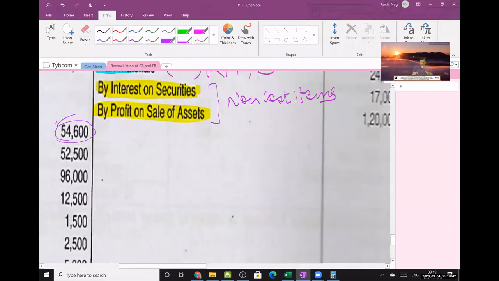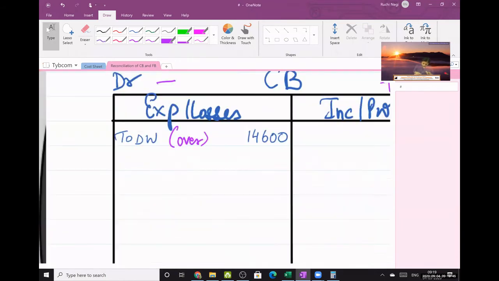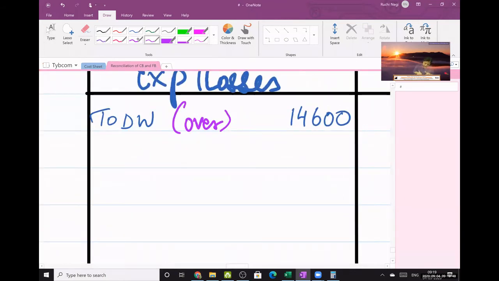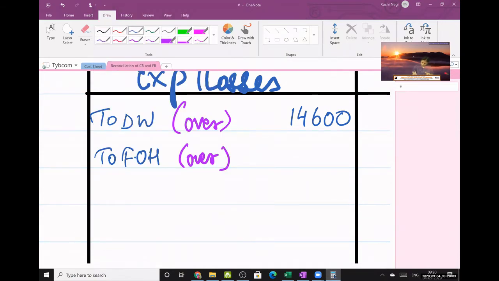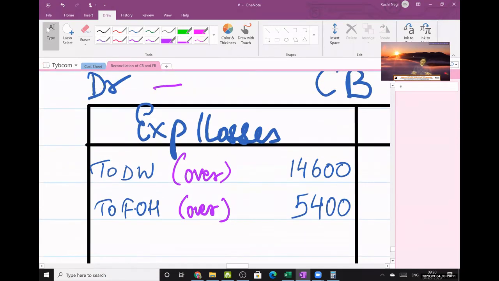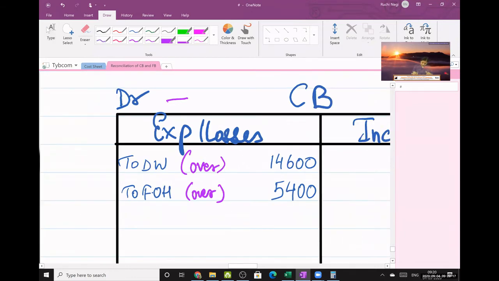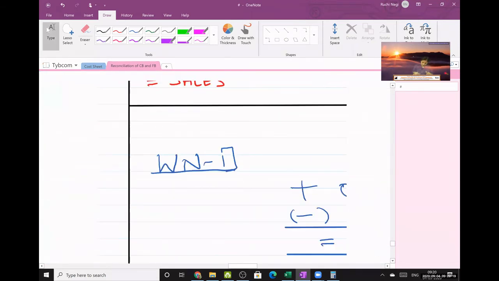Obviously in the cost sheet, so record it here in cost sheet: factory overheads 5,400, cost books, debit side. Next, this is also done.